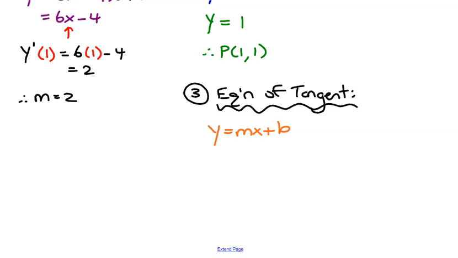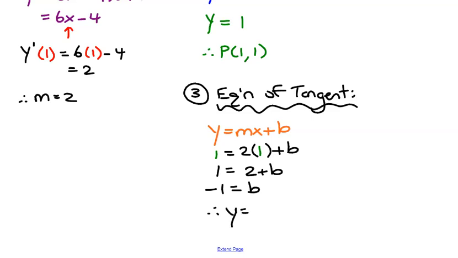You're going to take both of your point numbers, so the 1 and 1 equals, and then you have your slope is 2, right? Plus b, 1 equals 2 plus b. Bring that over, you're going to get a b of negative 1. Therefore, the equation of your tangent is going to be y equals to 2x minus 1.